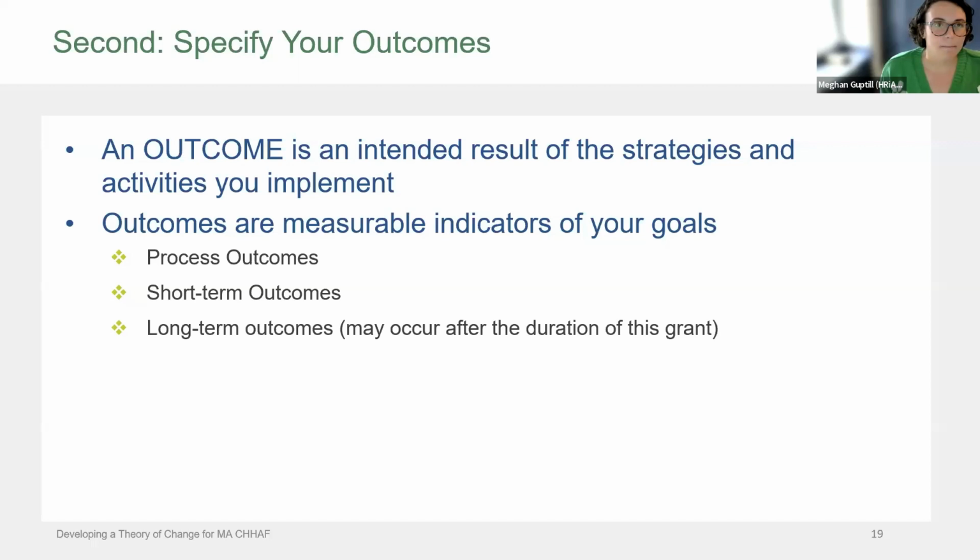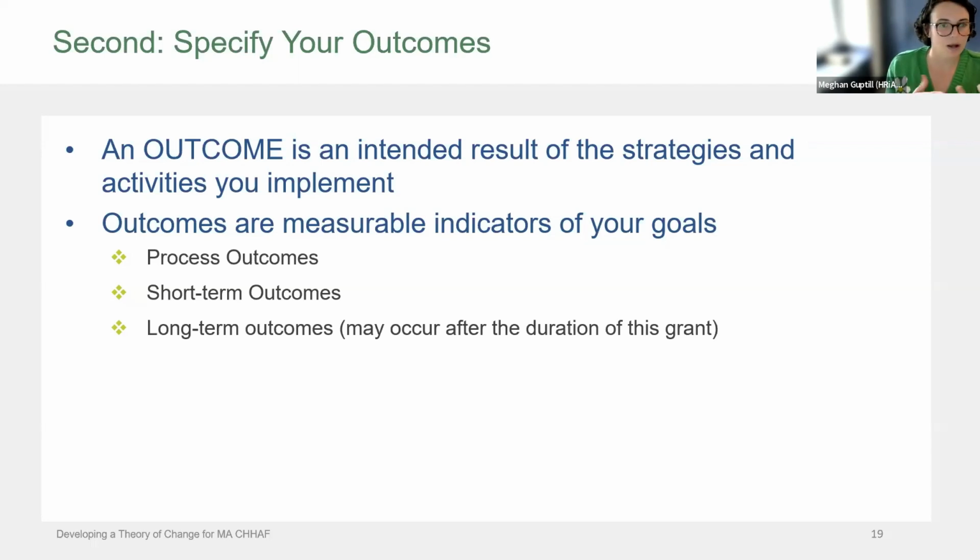Outcomes are measurable indicators of your goals. So it's how you know you're making progress towards that ultimate goal that you have. And there's multiple categories of outcomes, but we propose using these three. One is a process outcome. So that's what are you doing along the way as you do your strategies and your activities.